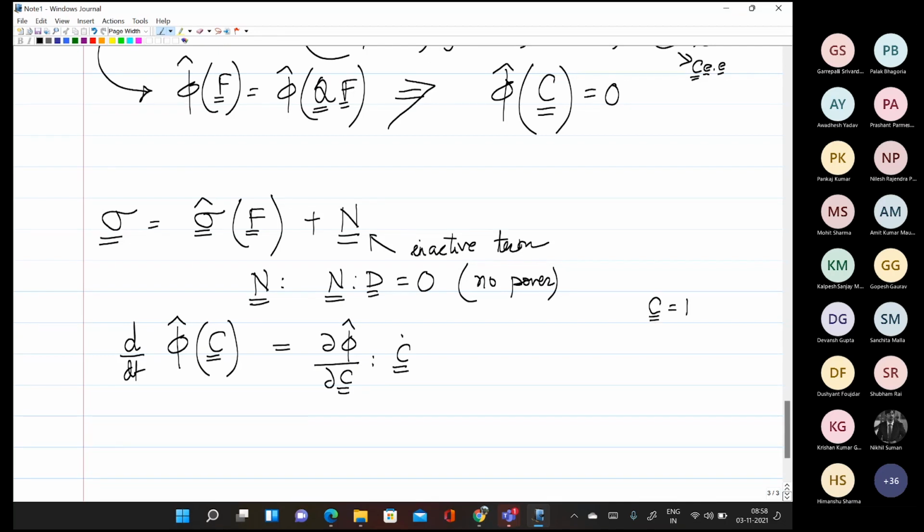And C being F transpose F, then C dot is F dot transpose F plus F transpose F dot. Okay, and this you can show is the same as 2 times F transpose D F. That is not difficult to show.